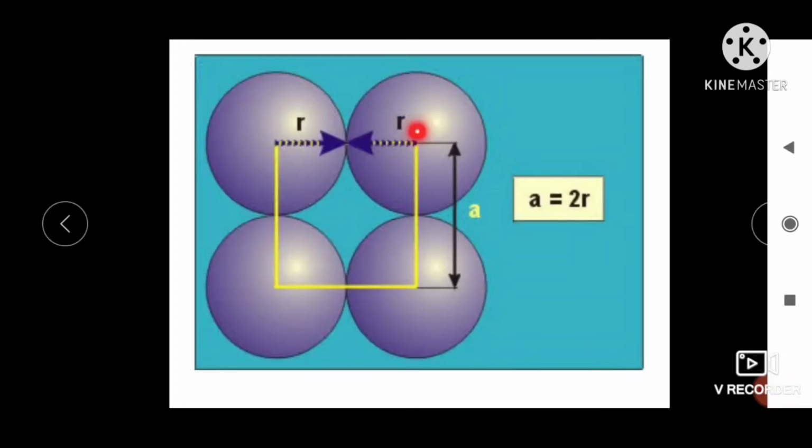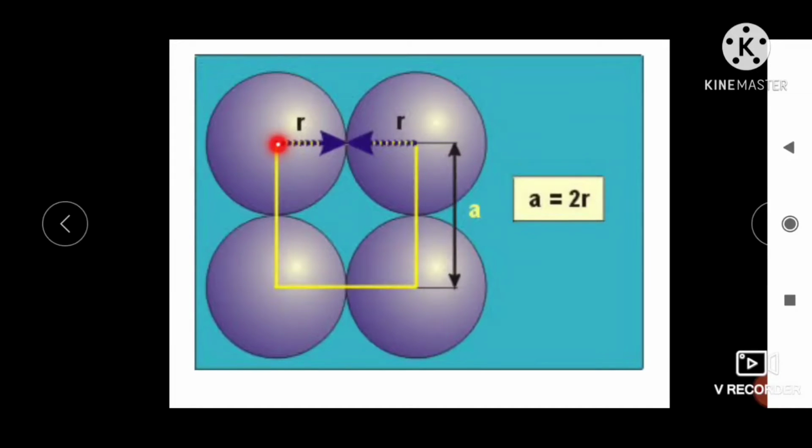Let us assume the edge length of the cube as a. We know that in a cube, all the edges have equal length. Every sphere has radius r. Here the edge length is a.